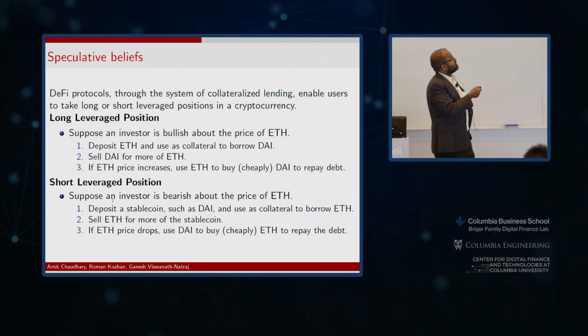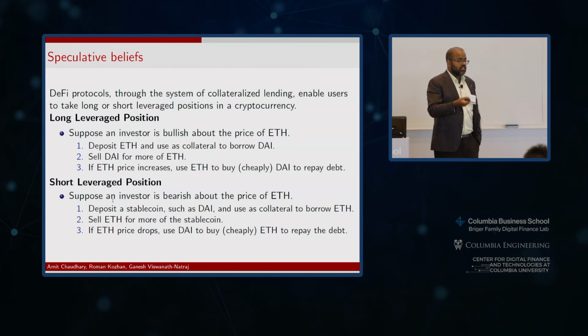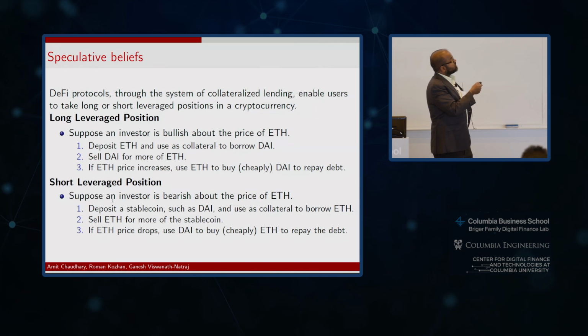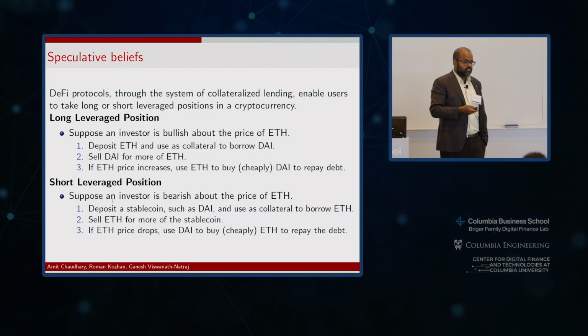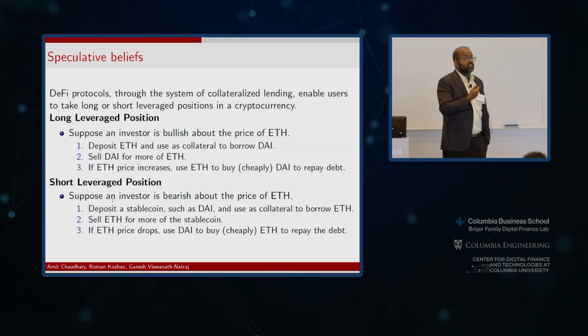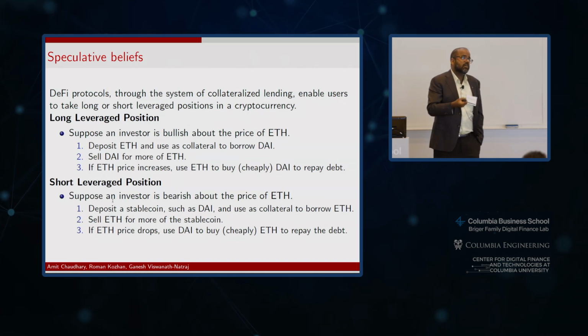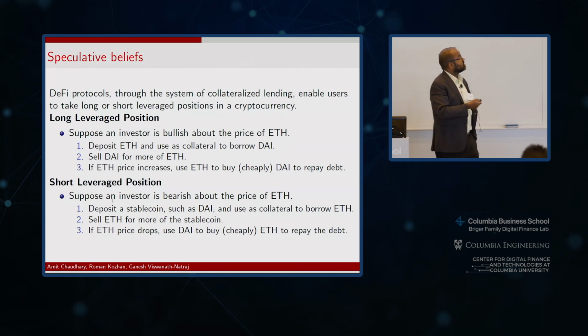Once the ETH price increases, they buy back DAI and repay the debt. The long leverage position is what you would do if you are bullish about the price of ETH. Conversely, if you are bearish about the price of ETH, you'll do a short leverage position, and this is very much like short selling in traditional equities as well.